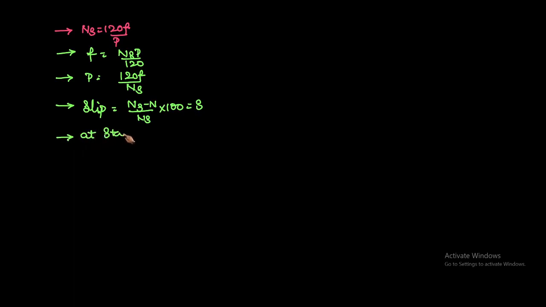At starting condition, N equals 0, so the slip value becomes 1. Next, the rotor speed is N equals Ns into (1 minus S). This is the rotor speed.